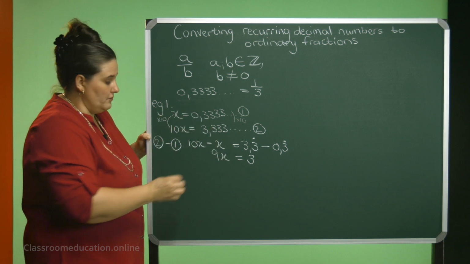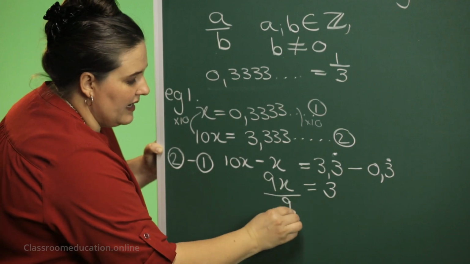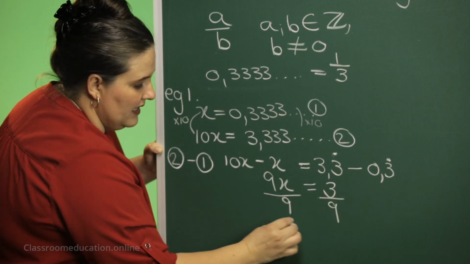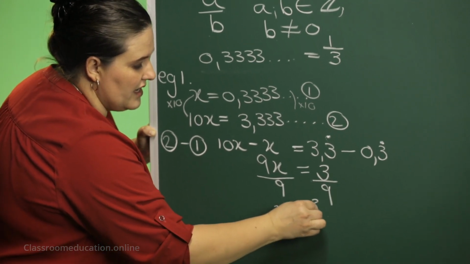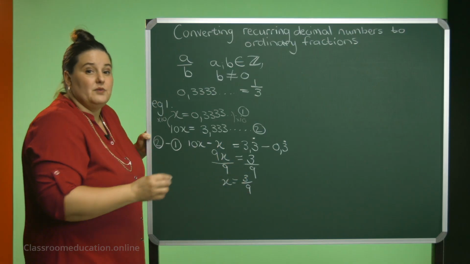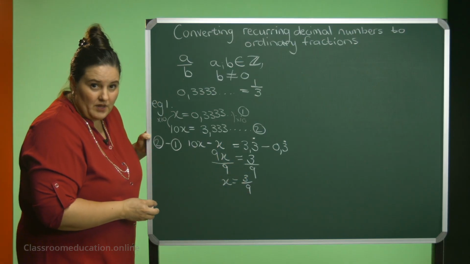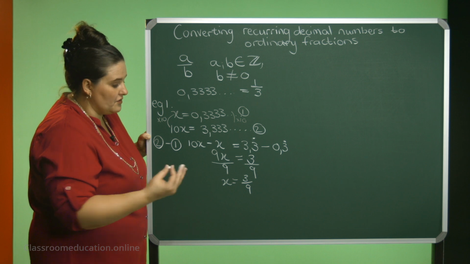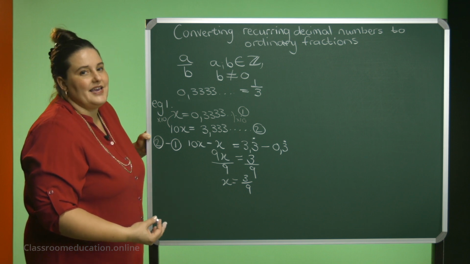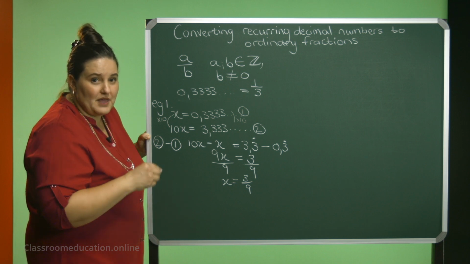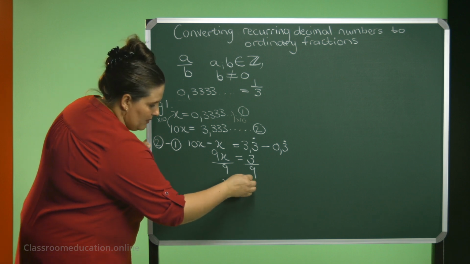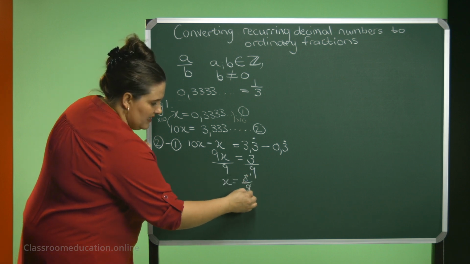Get your x alone. Divide by 9, divide by 9. So x equals 3 over 9. But I would like to have it in the simplest form. So what number can go into 3 and into 9? Yes, I can divide both of them by 3. So divide by 3, that will go into that once, and 3.